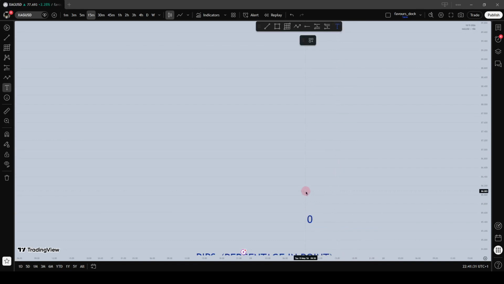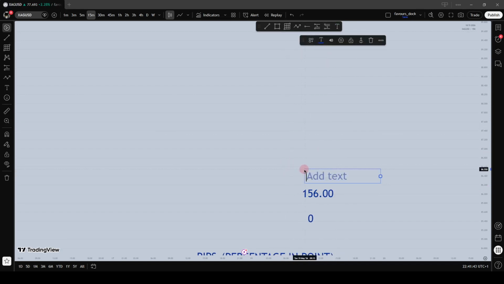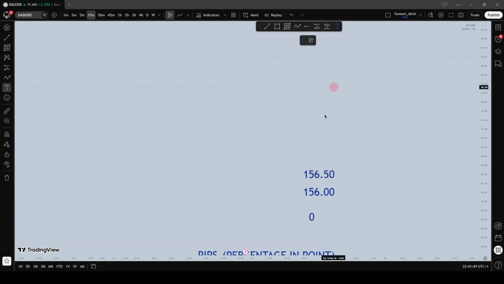I started at 0. Over some time, let's now skip and jump. Price is now at 156.00. As price is going up, price now increases to 156.50. As price increases again, let's go to 157.00.